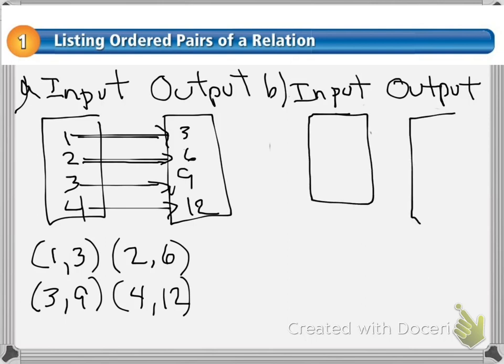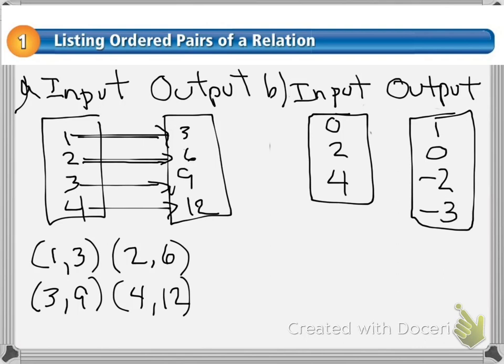And our output. Let's say we have 0 to 4 for the input, and then for the output we have 1, 0, -2, and -3.